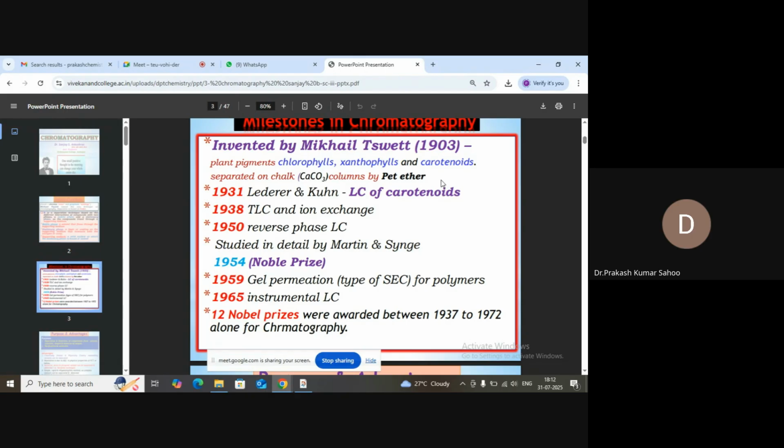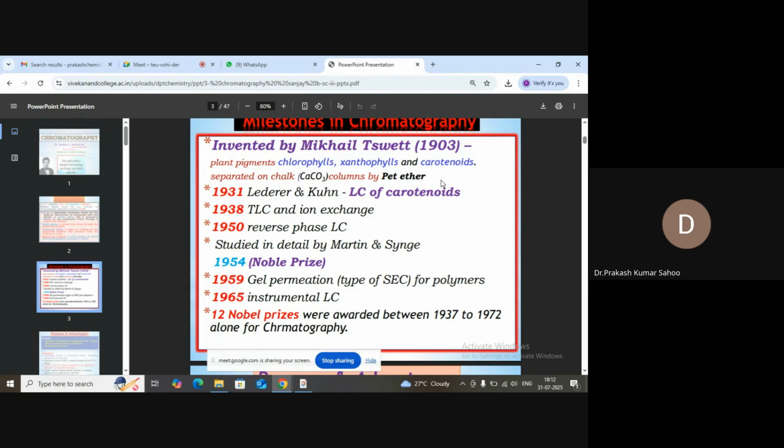In 1931, linear chromatography or liquid chromatography was introduced. 1958, thin layer chromatography and ion exchange chromatography. In 1950, reverse phase liquid chromatography.